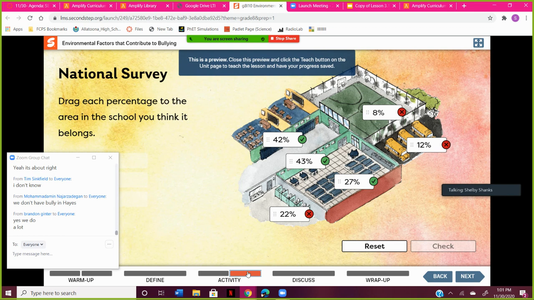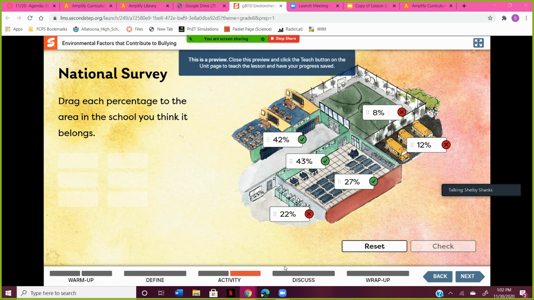Brandon thinks there's a lot of bullying. All right, some people, I guess, just aren't around it. Others are more likely to be around it, whether they're actually involved in it or whether they just see it. Right?